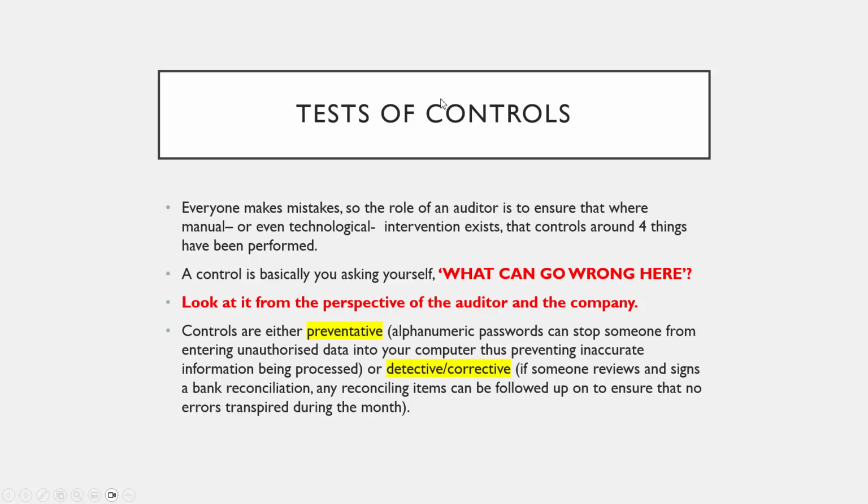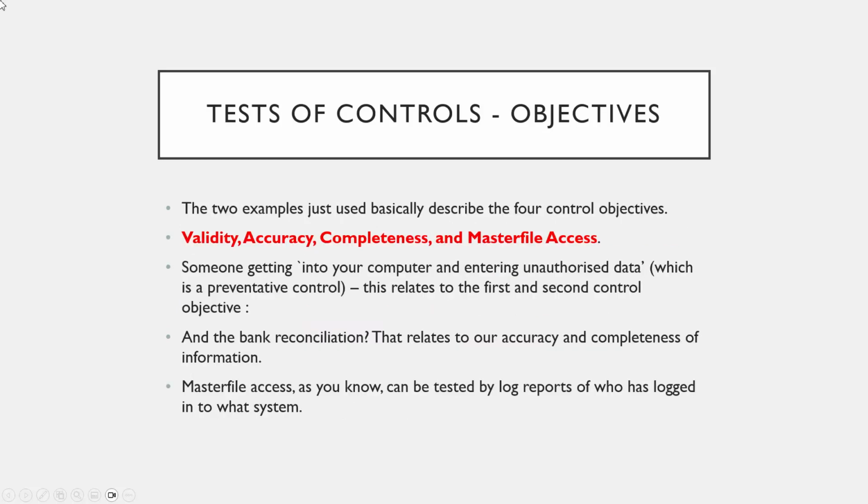Control objectives are the reason why controls are done. So we need to ensure that whatever control the entity has in place, remember we have our auditor's hats on, needs to fulfill these particular objectives. Master file access is the nest, validity, accuracy, and completeness are the eggs in the nest.